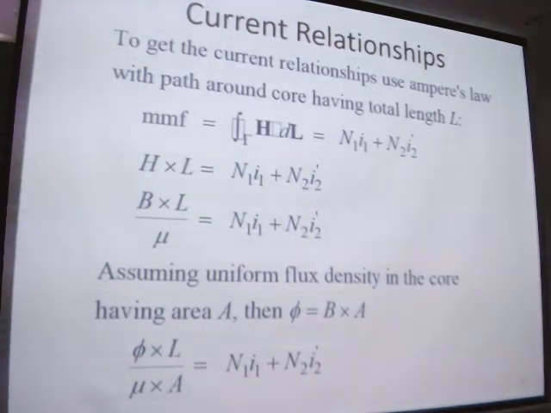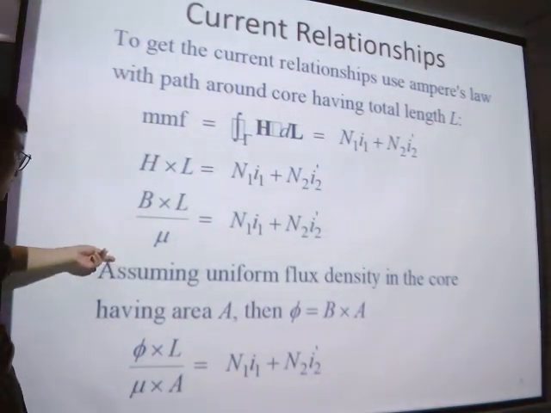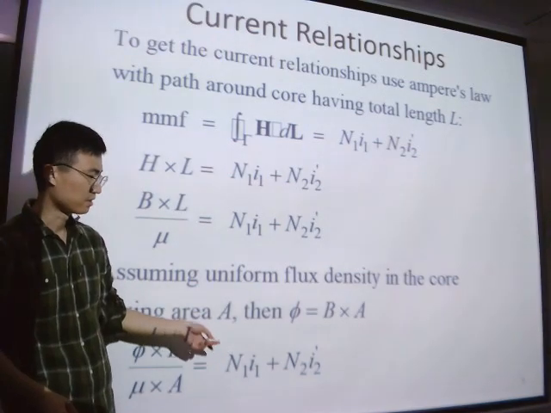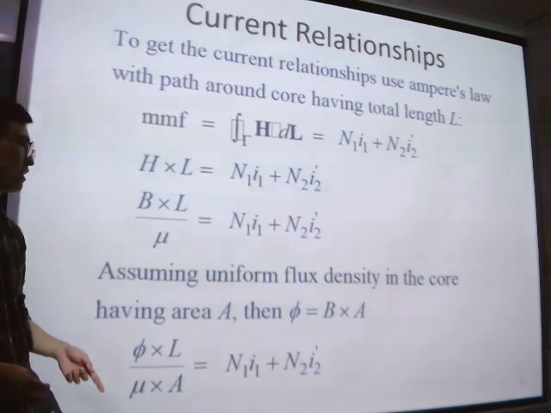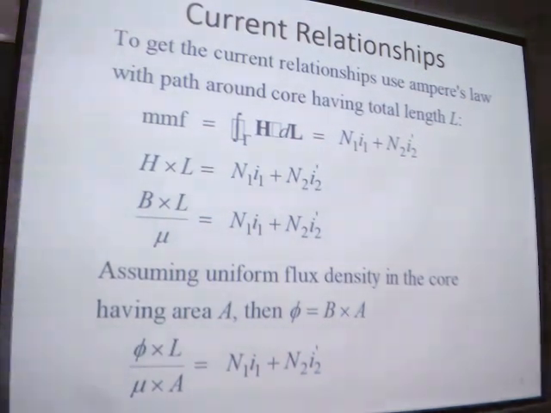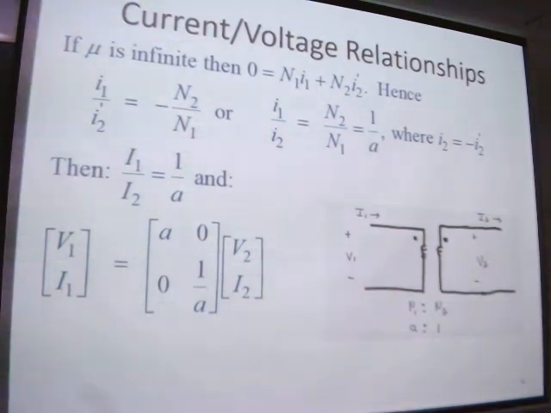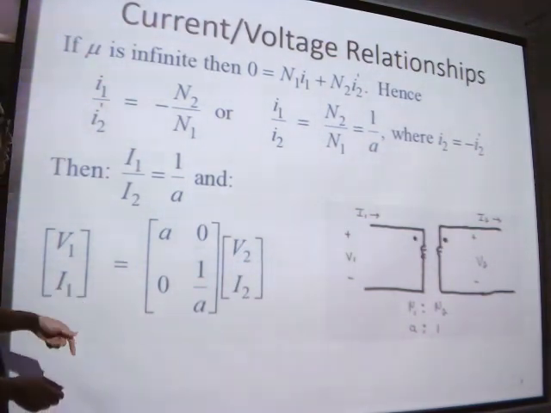So the current relationship, by steps such as these three steps, you can get these equations between the sum of the current in the two sides and its magnetic expressions. So we can get a negative relationship between the current in the primary side and secondary side with the ratio of the turns of these two sides, okay?